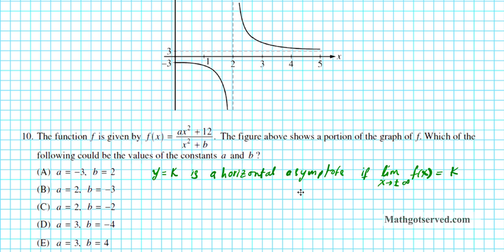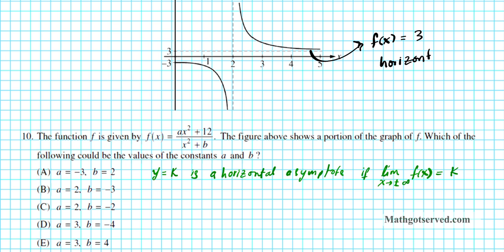So we're looking at limits as a function approaches infinity or negative infinity to determine the horizontal asymptote. In this case, you can see that our horizontal asymptote is the function f of x equals 3. That's our horizontal asymptote here.